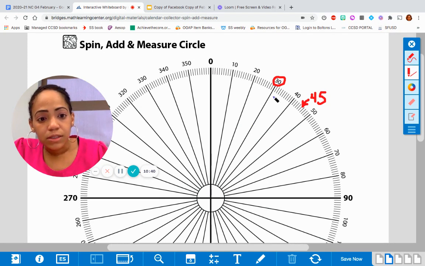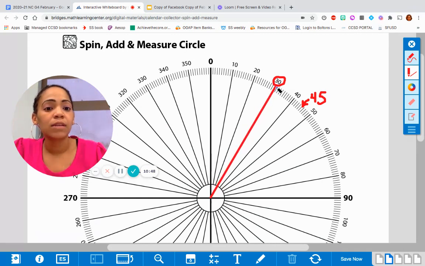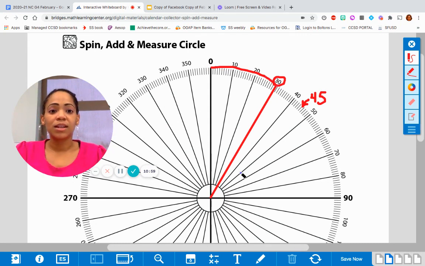You should really take a straight edge. If I were doing this on the board, I would need a ruler or something so that I can make a very straight line. So I do this, and then I would make my arc here just to show you what the angle looks like. There's the angle. And then I would shade it in.